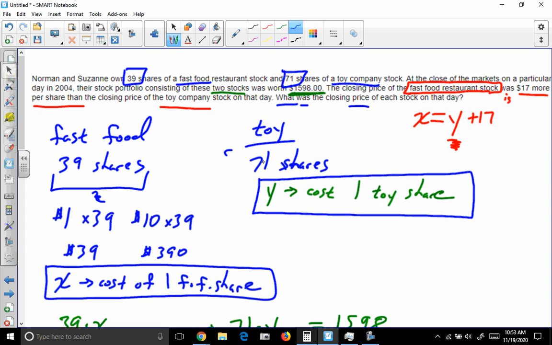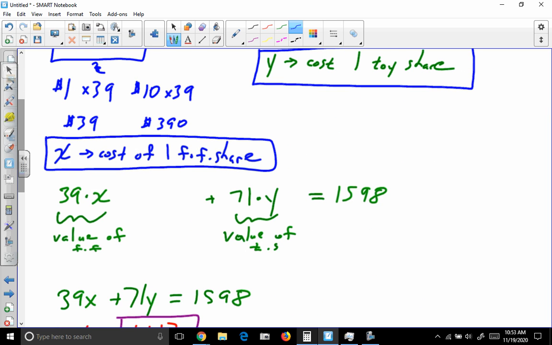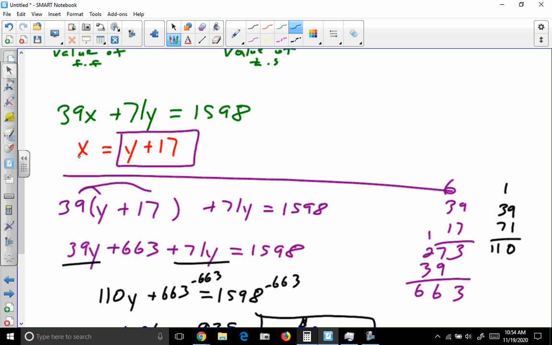So if we take the number we have times the value of each one, that'll give us the total amount we have invested in that stock. When we add those together, that gives us our total amount we have in stock. And then we got our other equation. The value of fast food is $17 more than the value of toys.